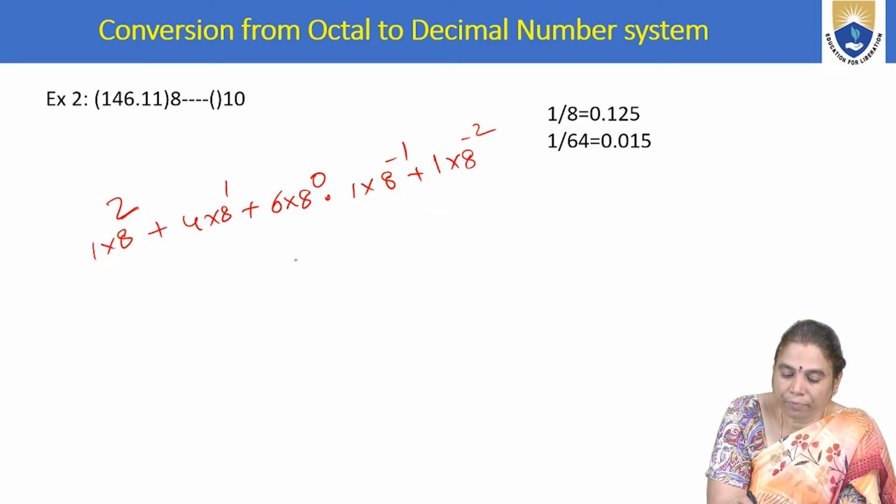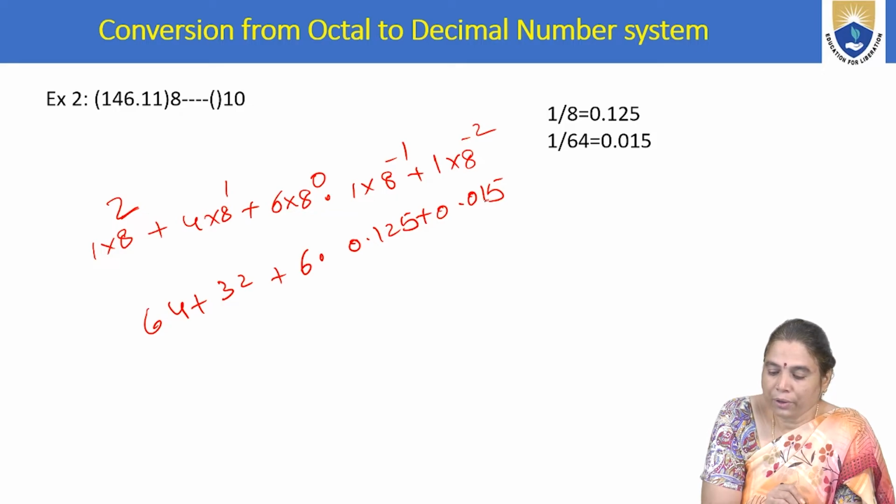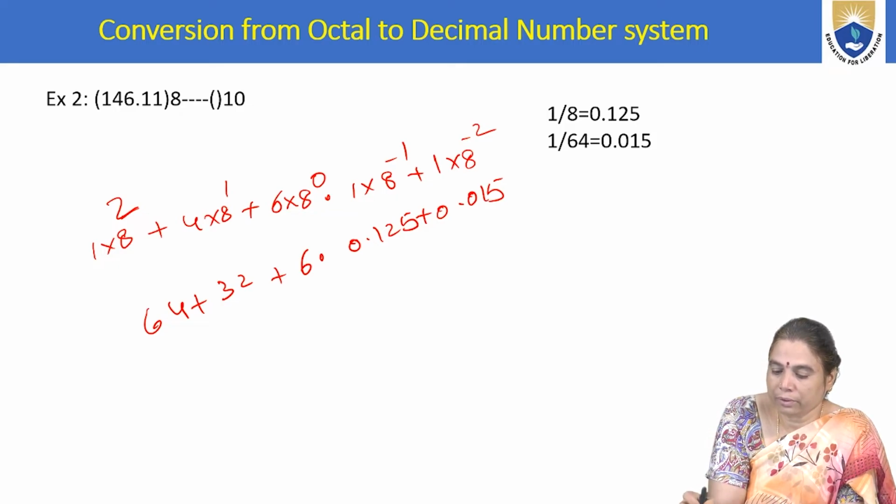So this is the 6. The integer part is 32 plus 64. And the fractional part, 1 by 8, is 0.125, plus this is 0.015. We have to add all these numbers. So here we have to add.